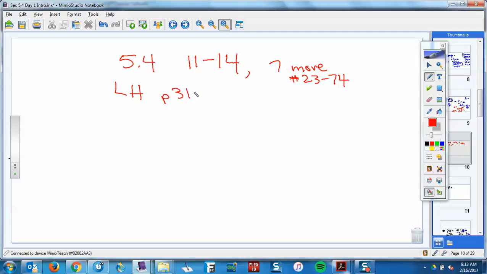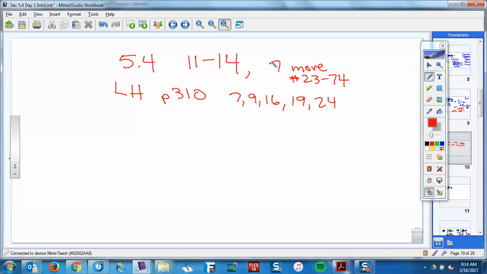And then LH, this is a new LH packet. Hang on to that other LH packet because you're going to need it. If you look at your assignment sheet, it's that top line, LH 310's got like 7, 9, 16, 19, 24.